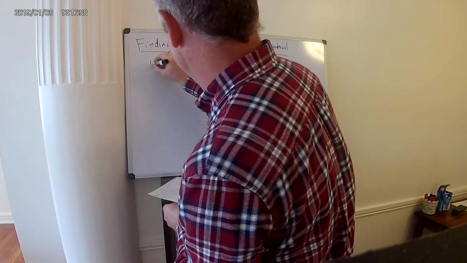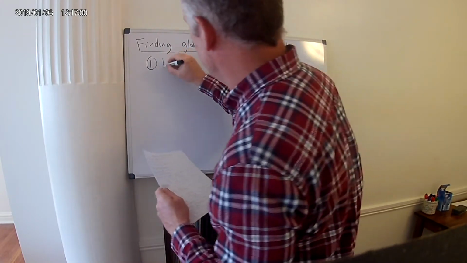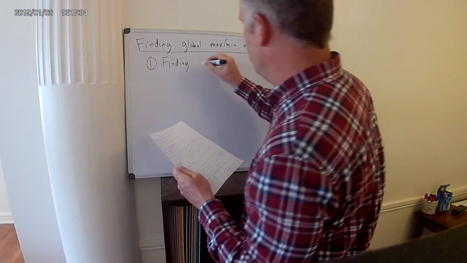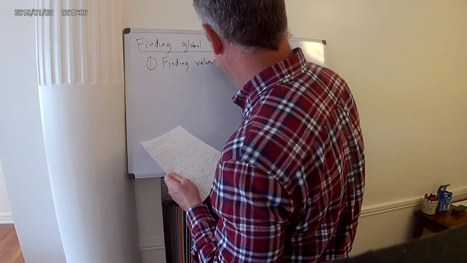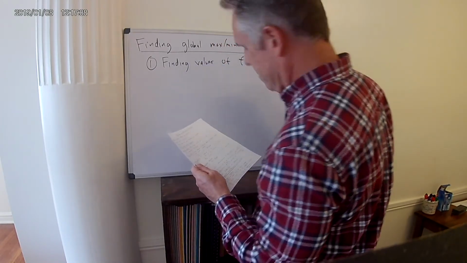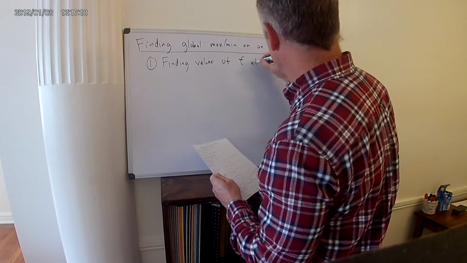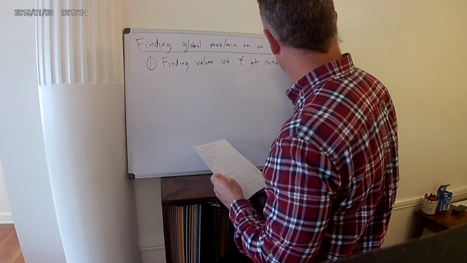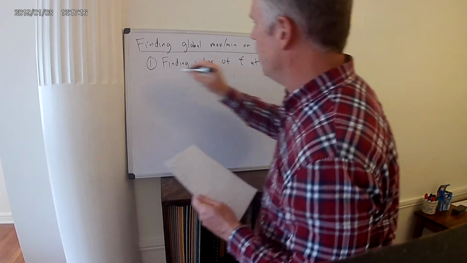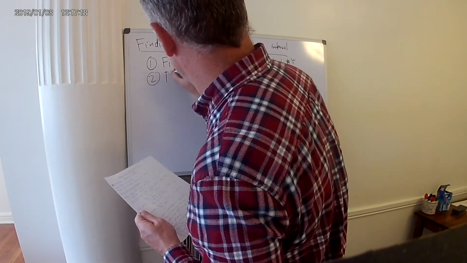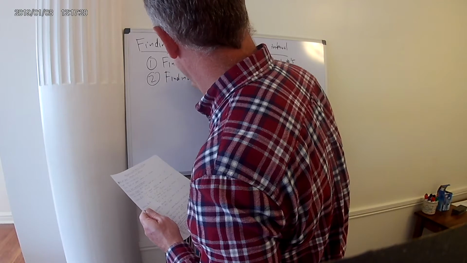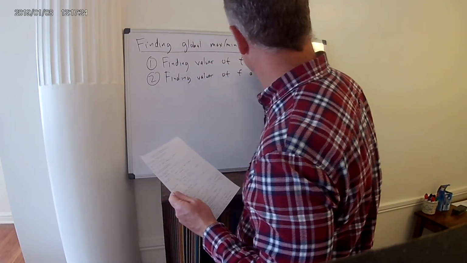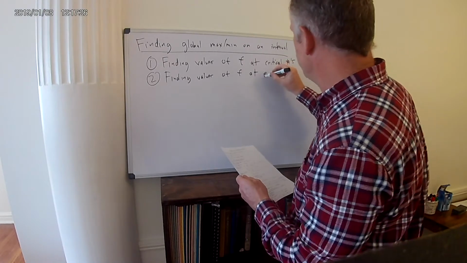This method involves finding the values of f at the critical numbers, and then also finding the values of f at the endpoints of the interval.